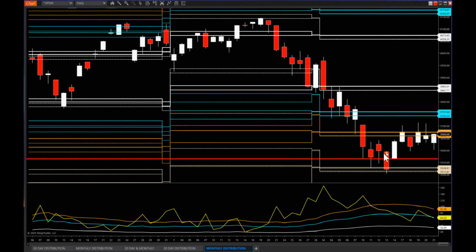There we go. Right on 1.25, the monthly range, and that's where they came in. And so that was that dip.